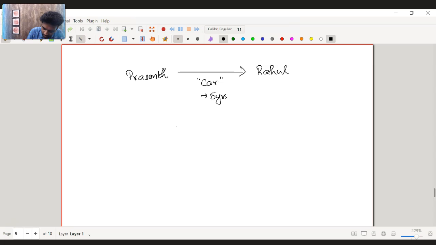I told him you can use it, and in return you have to pay me $5,000 per year. Let us assume this way, it's a simple example. Now Rahul is saying, if the car is damaged, Prashant will service it.